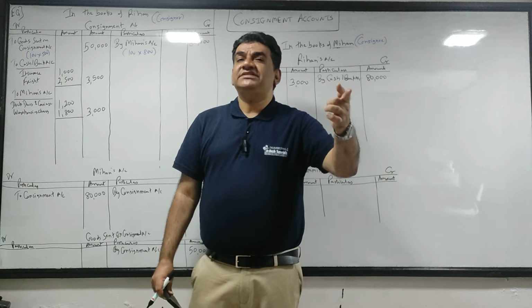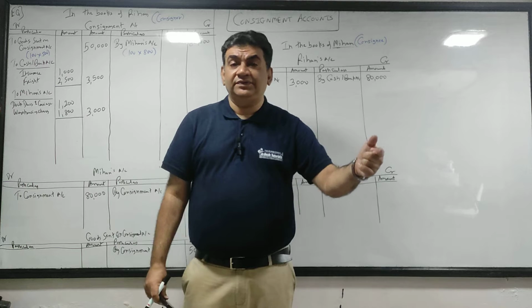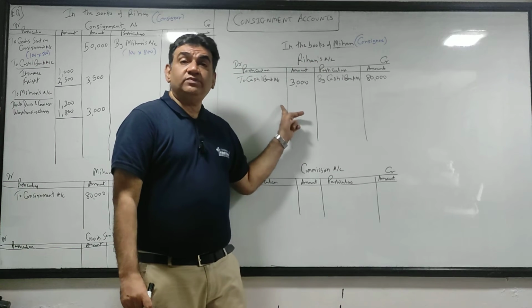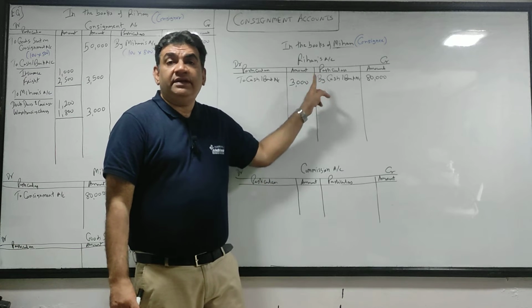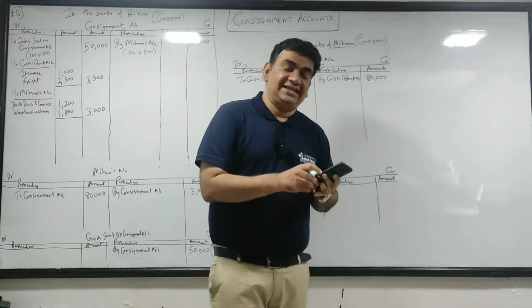You will debit that person जिसके बिहाफ पे तुम पे कर रहे हो. तो रिहान में टू कैश बैंक और इसका एंट्री होता, अगर जर्नल बनाते, रिहान डेबिट 3000 टू कैश बैंक.